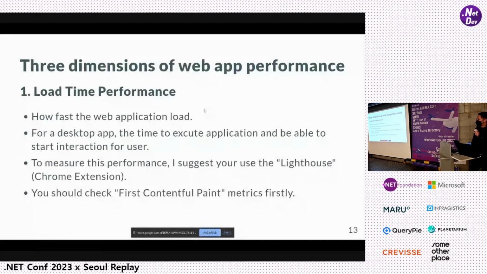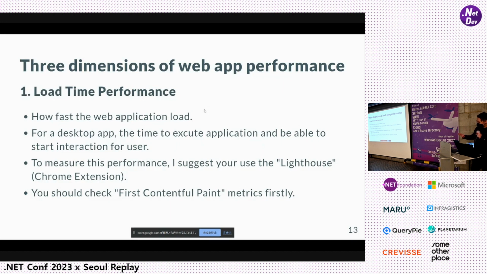The first point is load time performance. This is about how fast your web application loads. For a desktop app, it is the time to execute the application and be able to start interaction for the user.